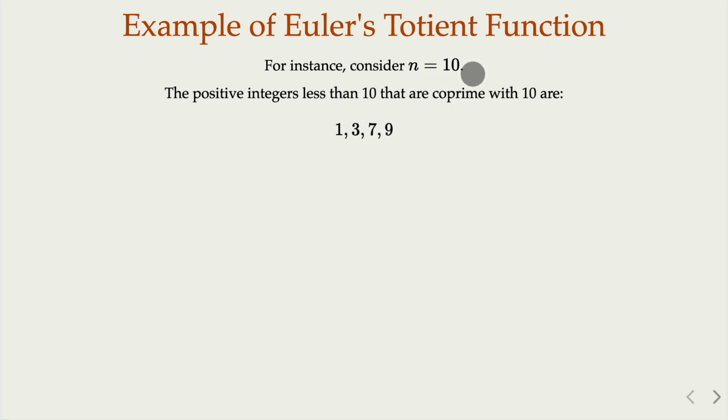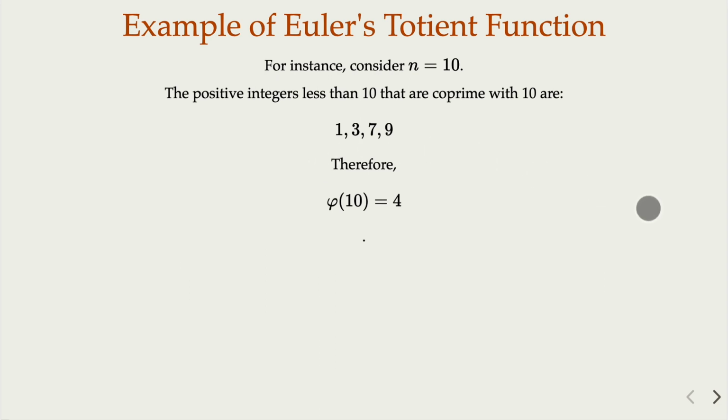For 2, there's a common factor. For 4, of course, a common factor. For 5, also a common factor. So the phi function counts the number of such numbers, and that's going to be 4.